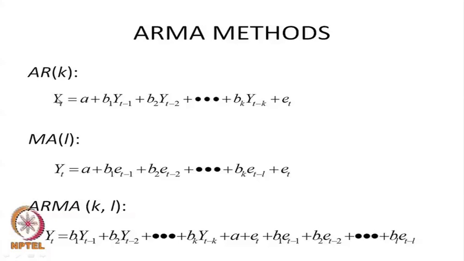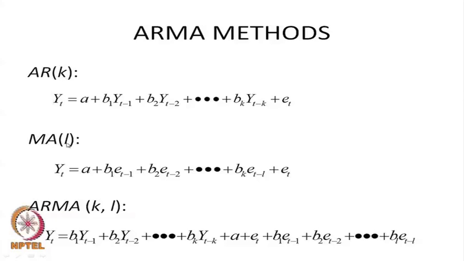So, let us say that y is the time series data, and this is the one period lagged value y_t minus 1, the two period lagged value y_t minus 2, the k period lagged value y_t minus k, and this is the error term. Now, if y_t is related to its past values in this manner, then it is called an AR model of order k, an autoregressive model of order k.